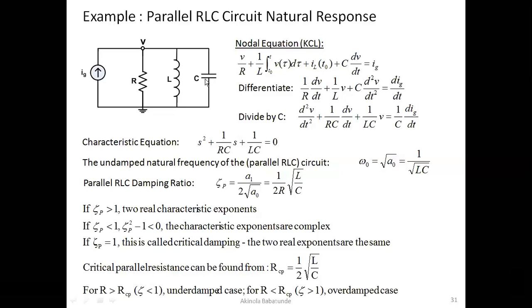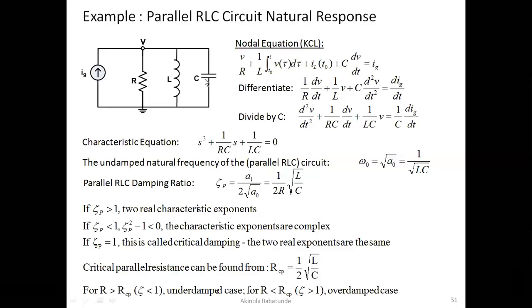How do we find the solution to the natural response of such a circuit? After we are done with the parallel situation, we are also going to look at what happens when all the elements in the RLC circuit are connected in series. How do we find the total natural response to such a circuit? We're going to look at both scenarios together right now.